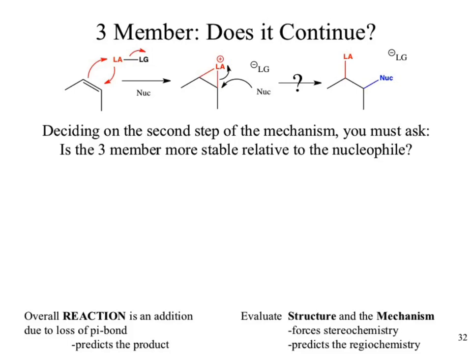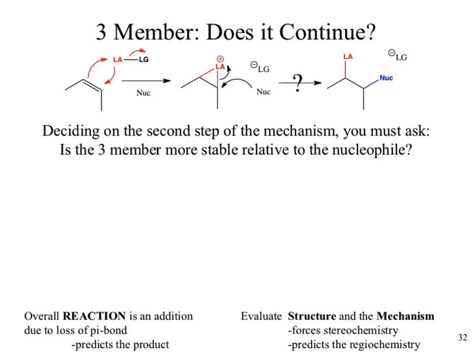Does your 3-membered ring continue after that? Deciding if a second step is necessary for your mechanism, you have to ask, is that 3-membered ring more stable or less stable relative to any nucleophile that is present? If you have an incredibly strong nucleophile, then you'll probably see a secondary step. If you have a weak nucleophile, then what needs to be true of your leaving group?